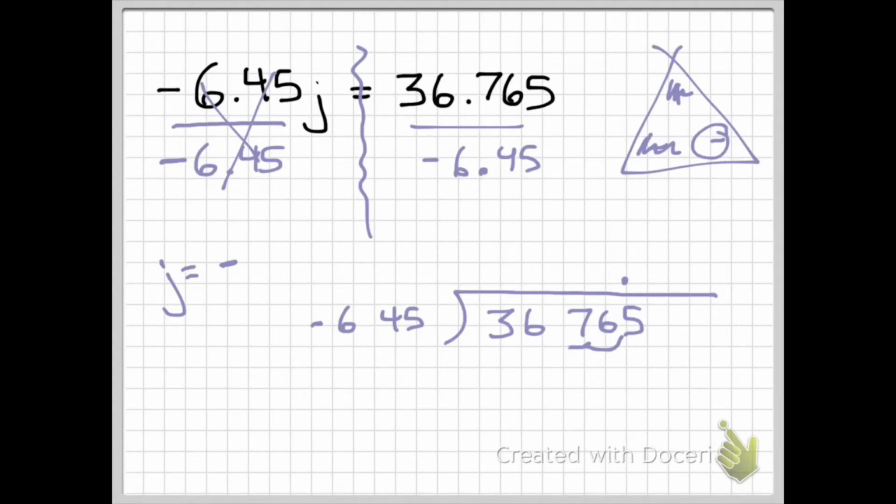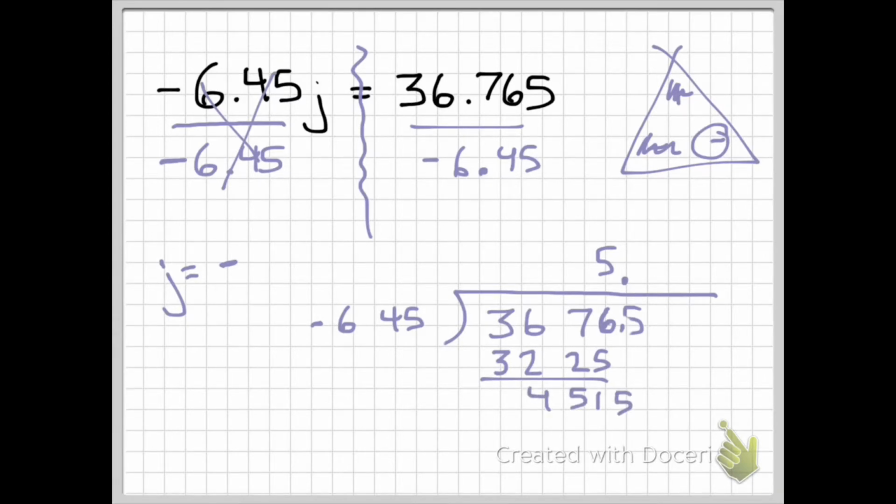So now it's like saying 645 is going into 33,676, right? As we go through, we can see that as a guess and check, we know that this is going to go into this 5 times, which gives us a result of 3,225. We subtract, right?